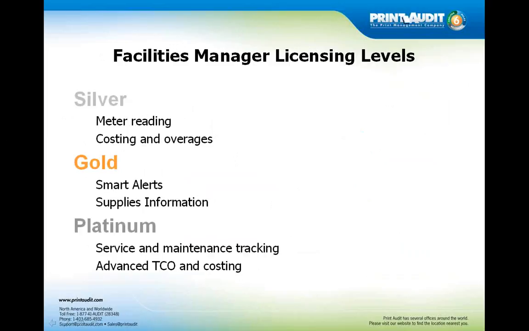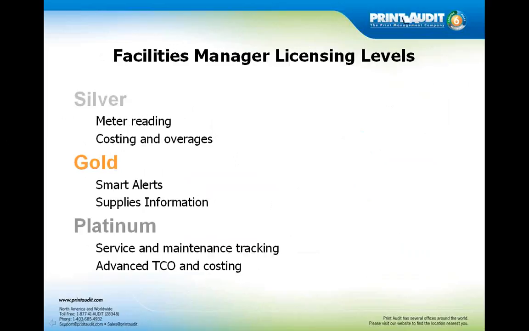It also lets you track overages in the customer's environment, so if they've got a monthly allowance and so forth, we can take that into account. But silver level is basically for companies that are simply charging on a per-click basis and don't need any other elements of the device information but the clicks, all of the extended counters and so forth.